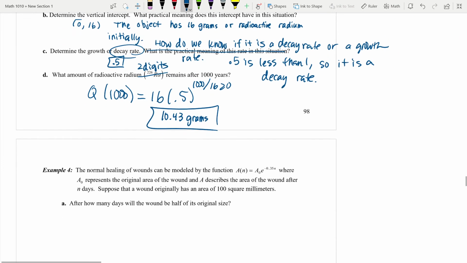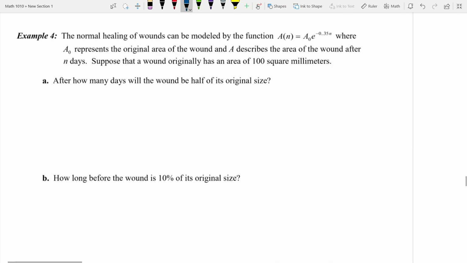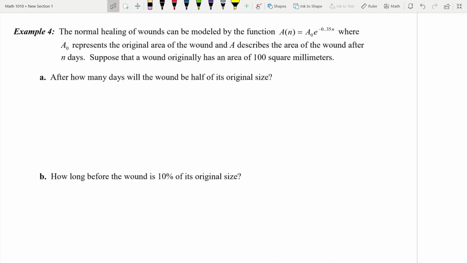Okay, question 4. The normal healing of wounds can be modeled by this equation. There's a typo on there. It's kind of small, but it says -0 point. So just put 1 point, okay? Where A sub 0 is the original size of the wound, and A is the wound after n days.